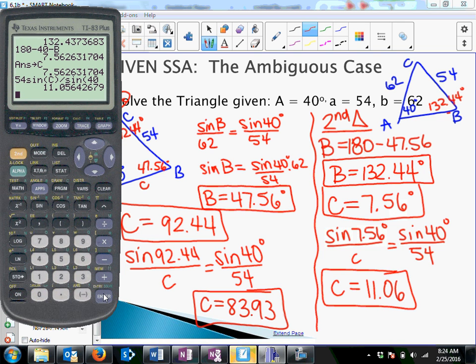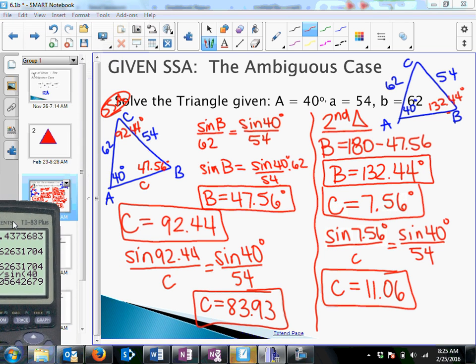So for all side-side-angle problems, we'll maybe have two problems. Okay? In this example, we had two solutions. Is it possible to only have one solution? Yes. Is it possible to have no solutions? Yes.